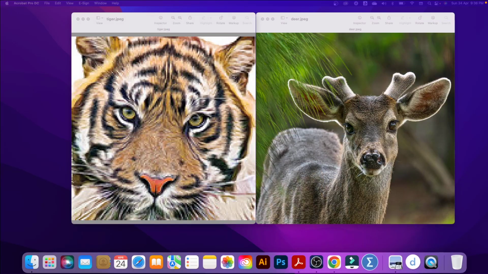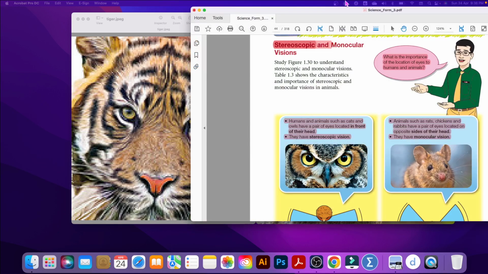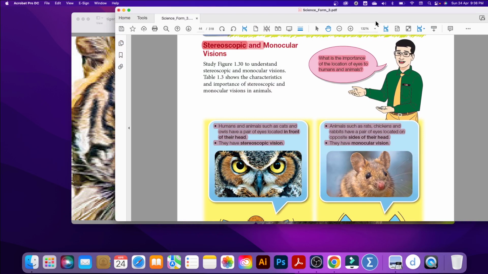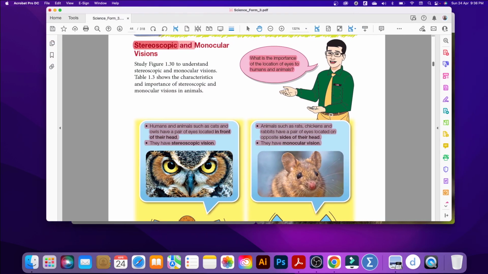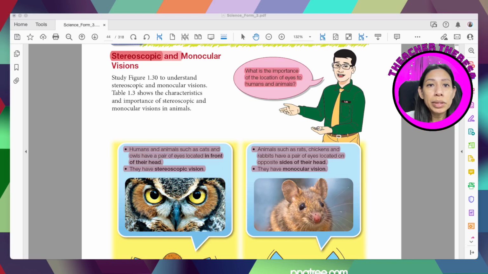For example, a tiger has its eyes in front, and a deer has its eyes on the sides. Now when we talk about stereoscopic vision, it will be visible to animals with eyes in front.